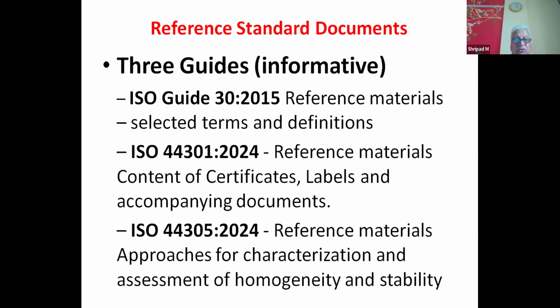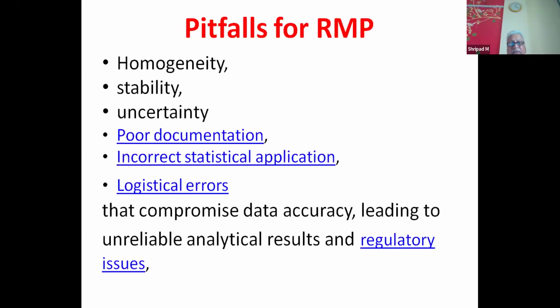Then ISO Guide 31, reference materials, contents of certificates, labels and accompanying documentation, which says what the label should be and what minimum information the certificate should contain. And ISO Guide 35, reference materials, approaches for characterization and assessment of homogeneity and stability. That is the statistical guideline. So these are the reference documents we need to refer to during all these processes.